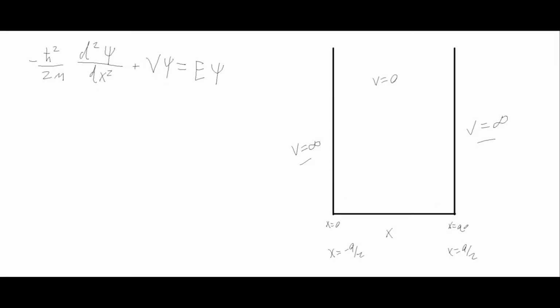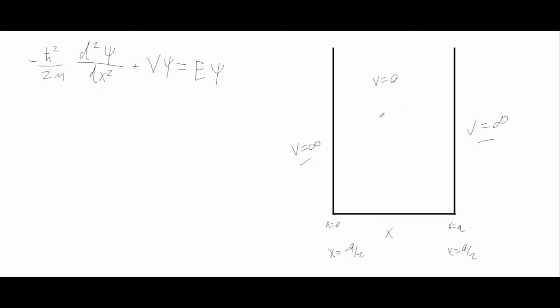And a can be whatever you want the well size to be. We'll see later that, once we get past the infinite rectangular well, the well size does have some impact on the solutions to the Schrodinger equation, but we'll get to that when we get to it.